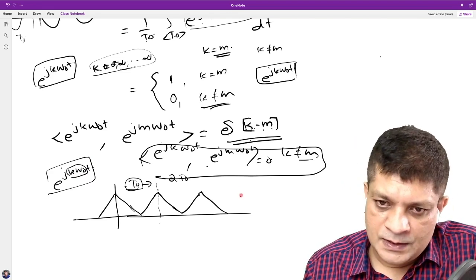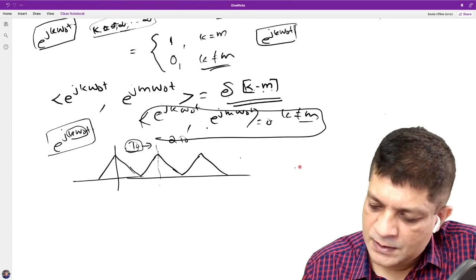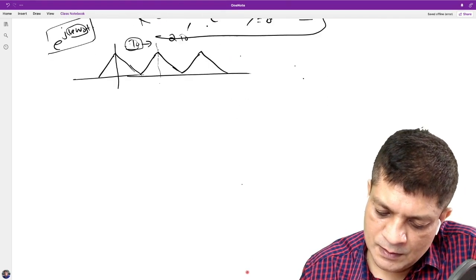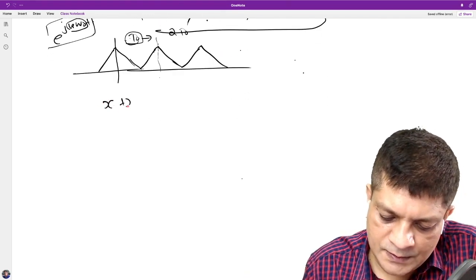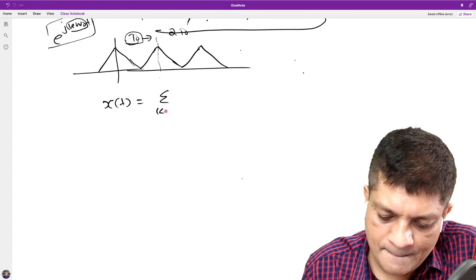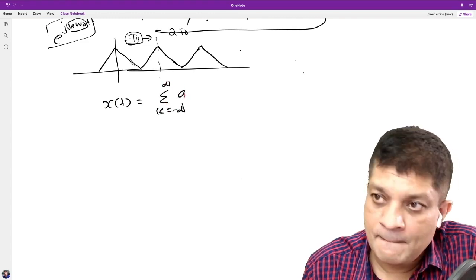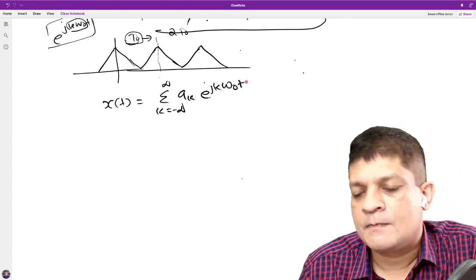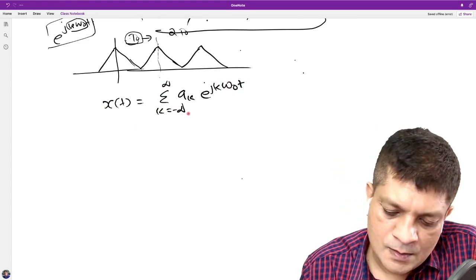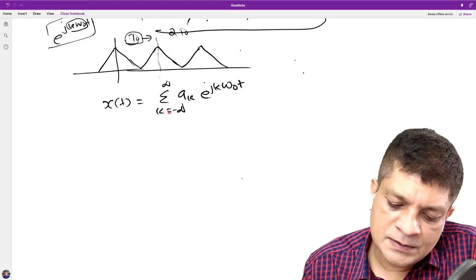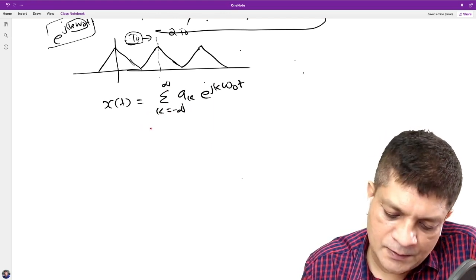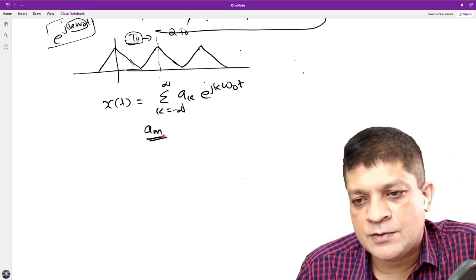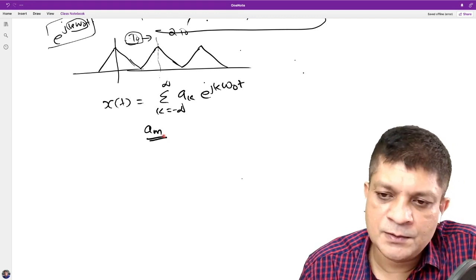Now, using this result, we can find the Fourier series coefficients, if you are given a periodic signal x(t). Suppose I want to find the mth Fourier series coefficient, with k from minus infinity to infinity.